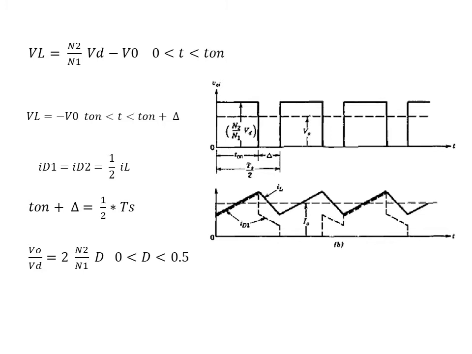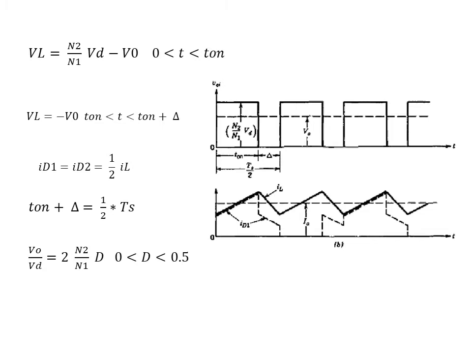The next half cycle consists of T on, during which T2 is on, and the interval delta. The waveform repeats with a period of half Ts, and T on plus delta is equal to 1 half times Ts.